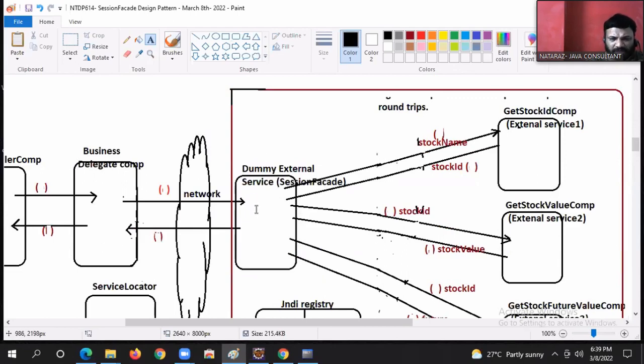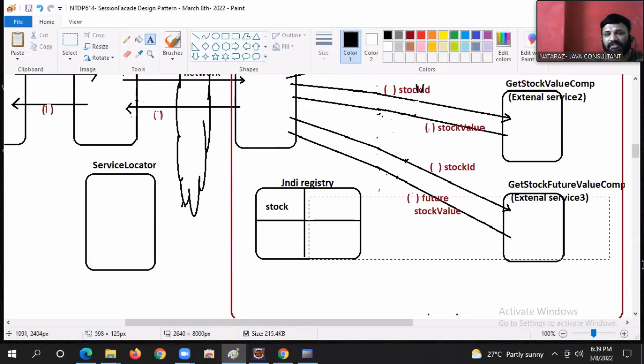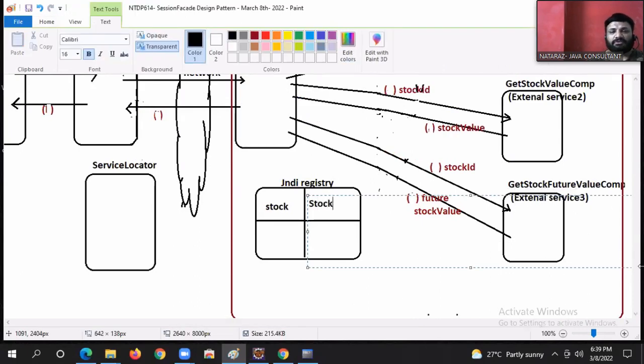Let me give some name for it. SessionFacade component. What does it maintain, guys? StockFacade component reference.